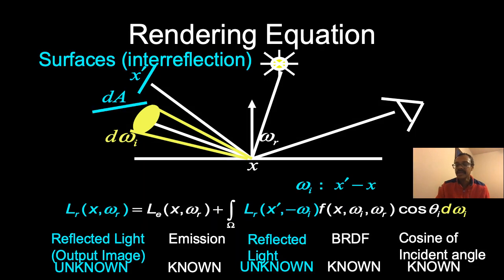In the rendering equation, instead of assuming you know the incident light, it's a chicken and egg problem where the incident light depends on the reflected or the outgoing light from some other scene surface x prime, which you hit corresponding to the outgoing direction. So the reflected light on the left-hand side is unknown, but the reflected light on the right-hand side inside the integral is also unknown.